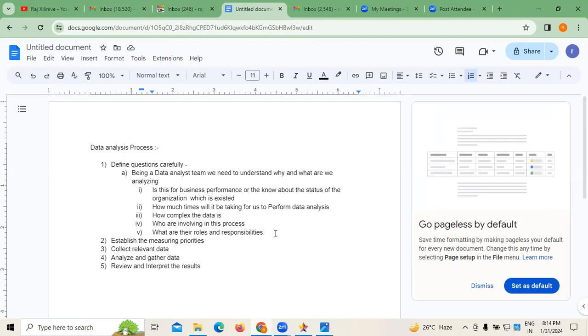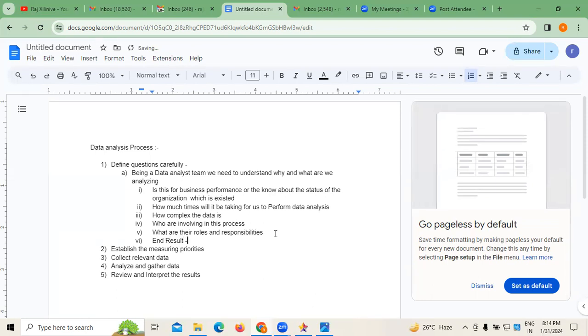So what are their roles and responsibilities is also one of the key and important elements we have to look at, right? Who is involved in the process, what are their roles and responsibilities, all that. Next, we must know about the end result, right? Meaning, what must be the end result?